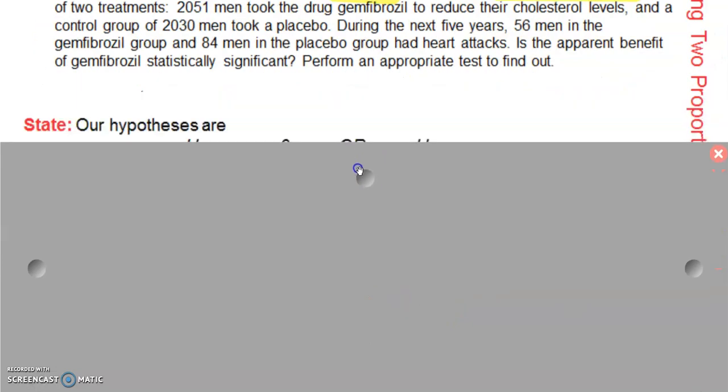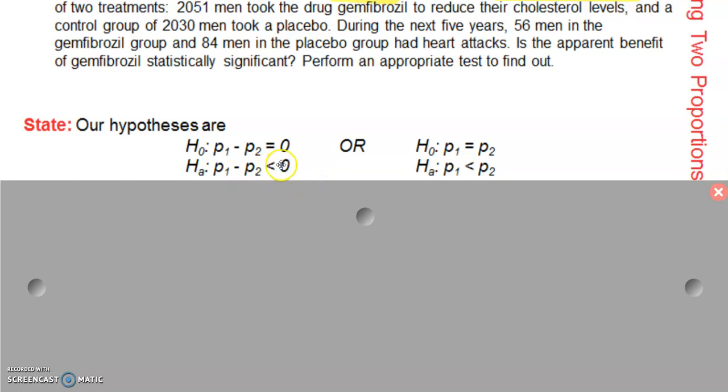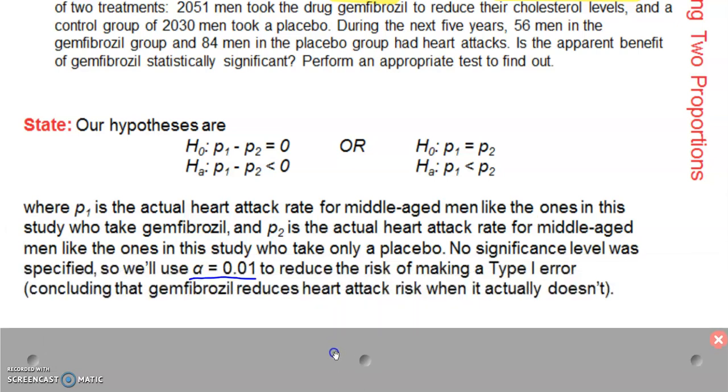Again, 4-step process. Hypotheses, you could write the null hypothesis like that or that. The alternative was going to be a less than, because we do have an idea that this drug will help, so we want to make sure it actually helps. We want a smaller proportion for the group that took the drug. You need to define P1 and P2 though.